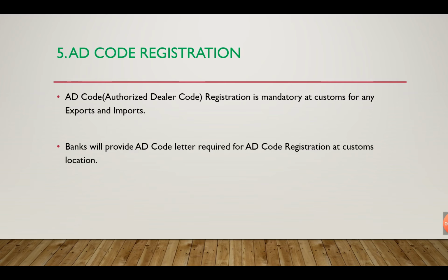For AD code registration, ask your bank to provide the AD code letter, and you can use that letter for AD code registration at customs. I will post a separate video for more details on AD code.